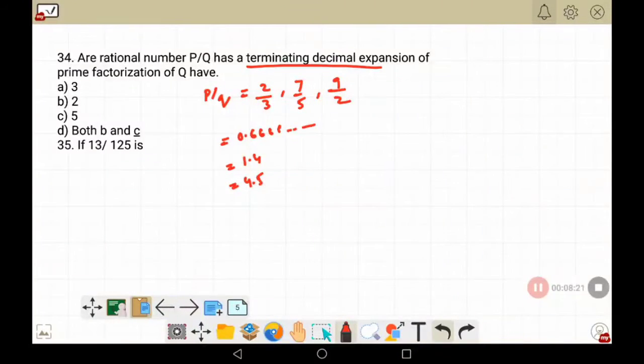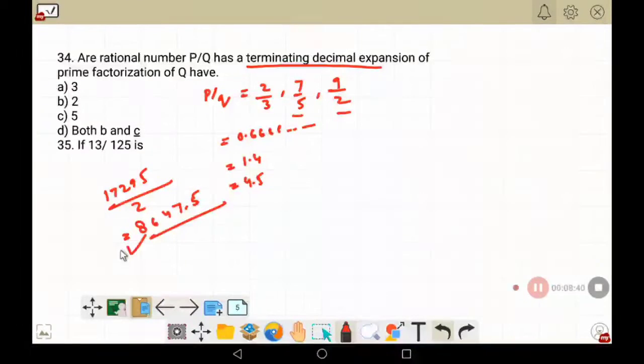Listen students, take a very lengthy number, that is 17295, and divide it by 2. 2 8s are 16, 2 6s are 12, 2 4s are 8, 2 7s are 14, and 2 5s are 10. So this is a terminating decimal expansion.